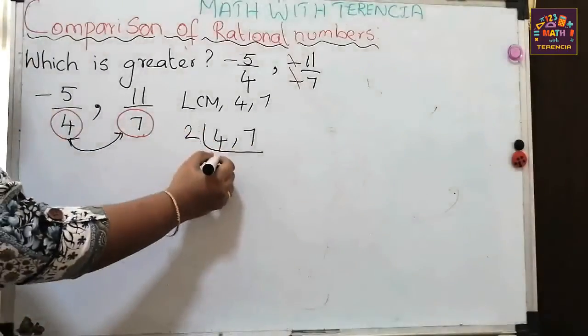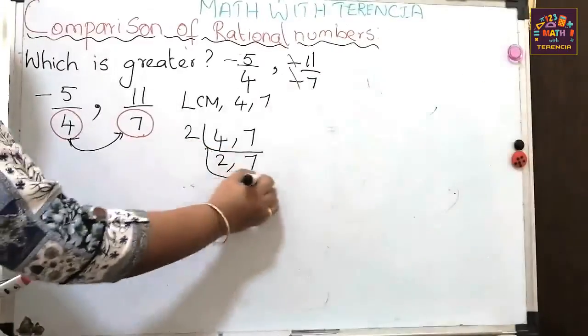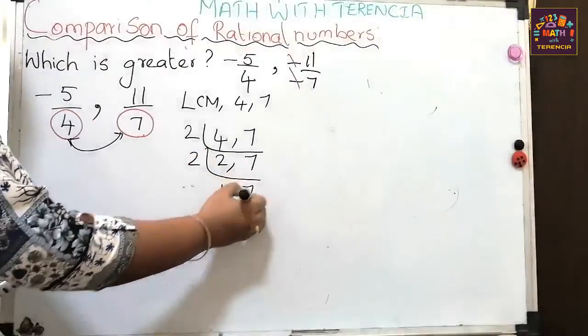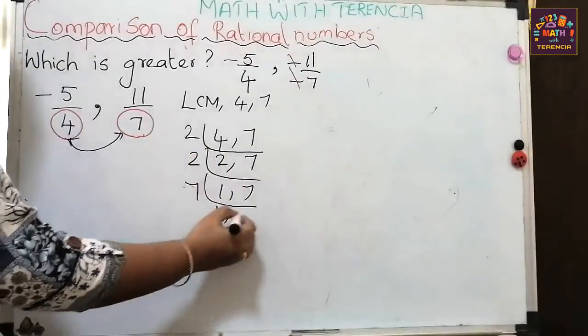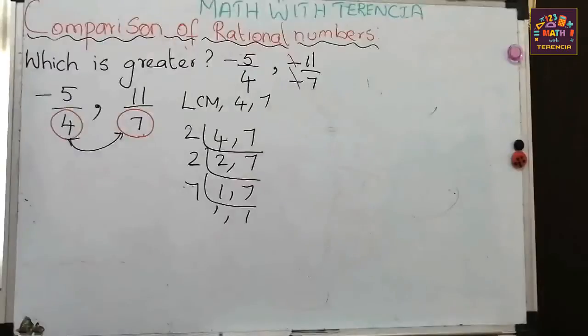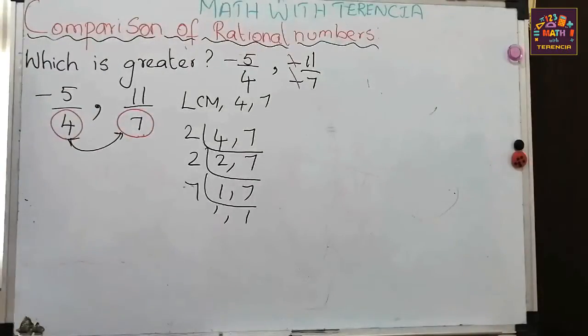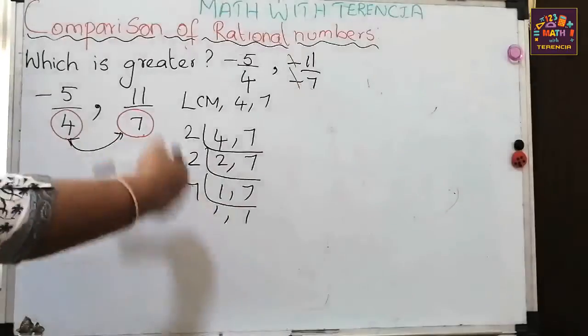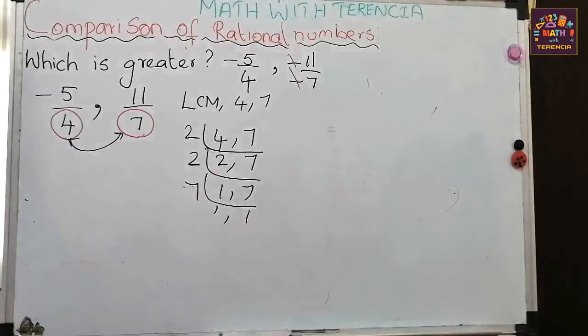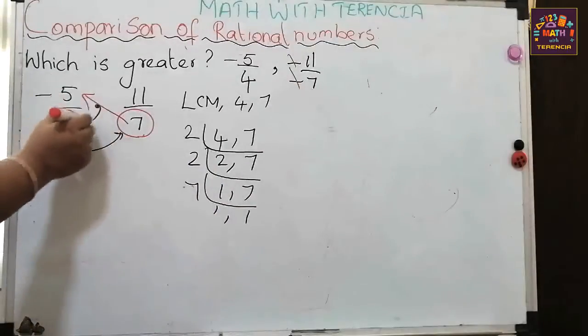You can go 2, 2, 7. If you know you don't have any common factor between 4 and 7, you don't need to go with the LCM, you can directly do cross multiplication.